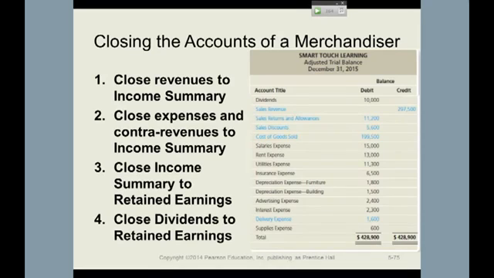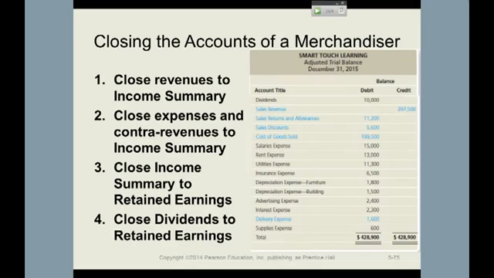Sales revenue is going to be debited to close it. Sales returns and allowances, sales discounts, cost of goods sold, and delivery expense will be credited in the closing entry. Remember, the sales discounts and sales returns and allowances are contra revenue accounts, and they're all going to be closed out in the same way.